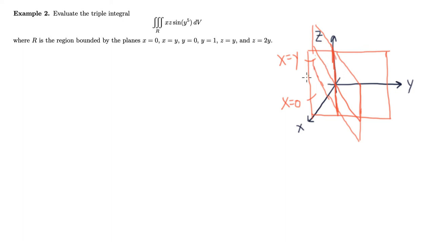The plane y equals 0 is just the xz plane, and all these planes are going to intersect on the z-axis. And then we have the plane y equals 1, which is going to be parallel to this plane, like that.